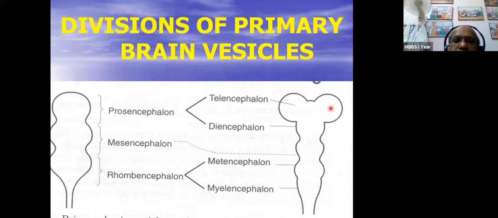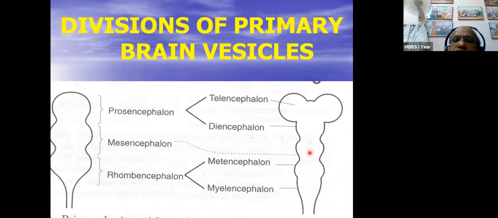After that lateral outgrowth, the prosencephalon is divided into diencephalon and telencephalon. The central part of that forebrain is called diencephalon. The lateral outgrowth is called telencephalon. So these two are telencephalon. This is diencephalon.